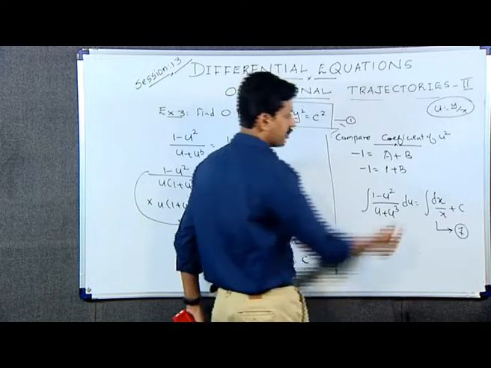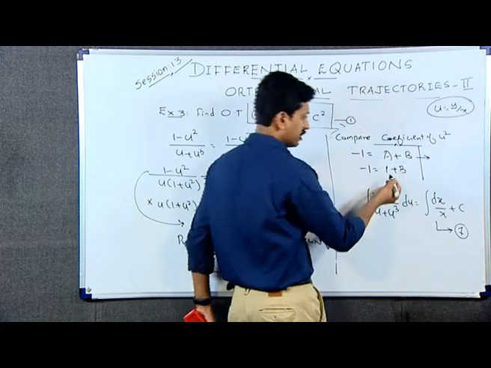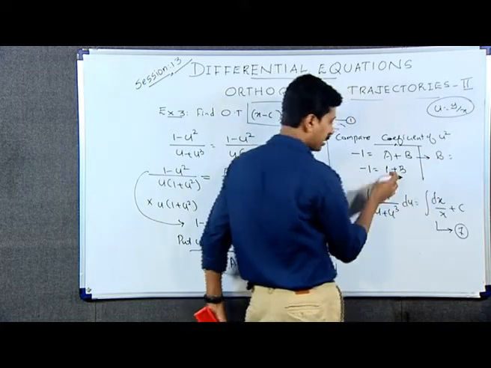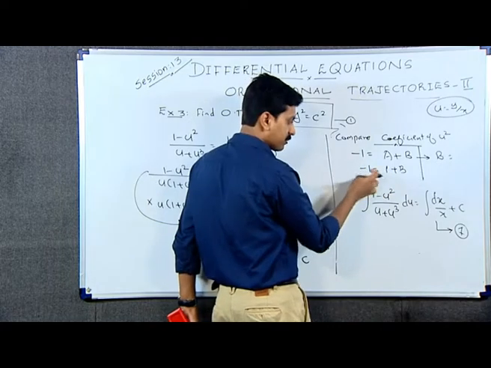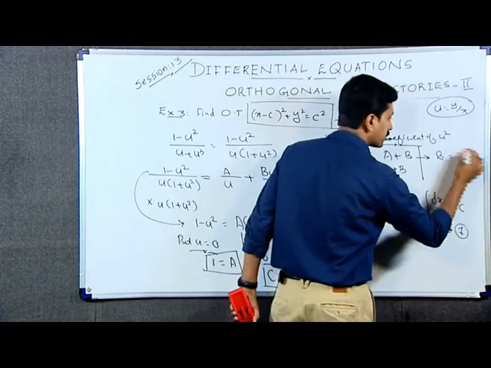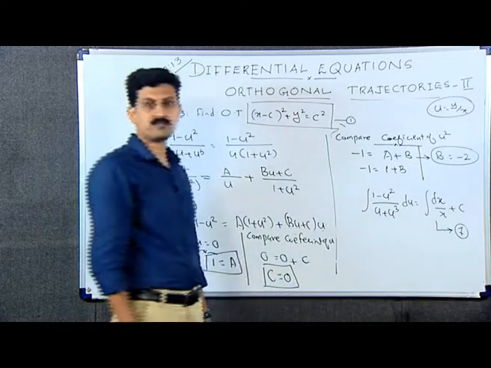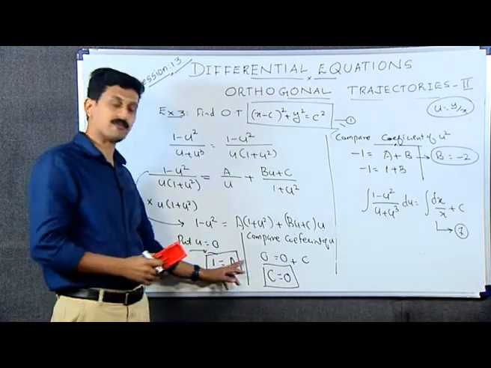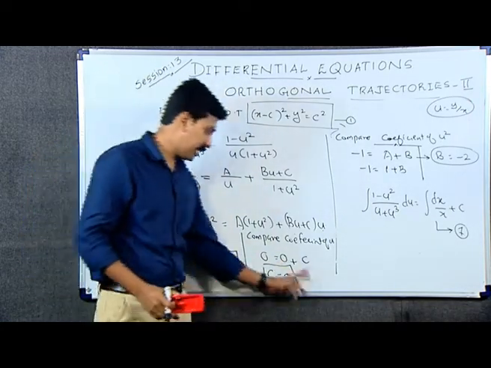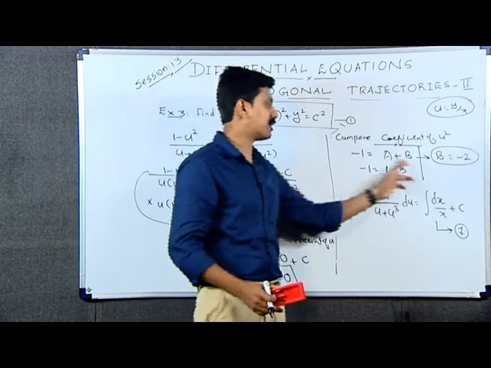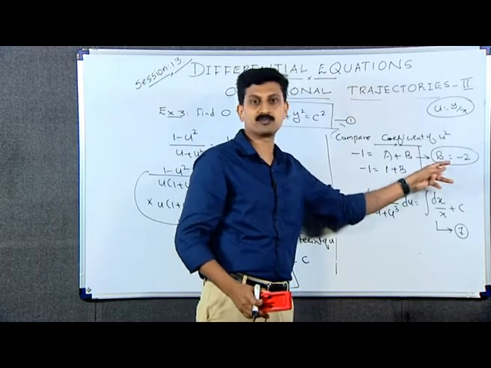From here we will get b equal to, taking this 1 to the other side, plus 1 will be -1, therefore b is equal to -2. So we found the value of a as 1, c as 0 and b as -2.